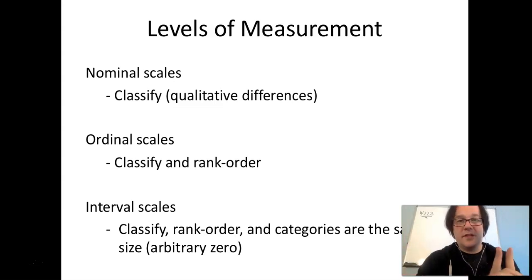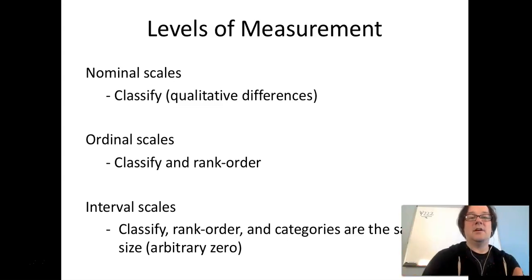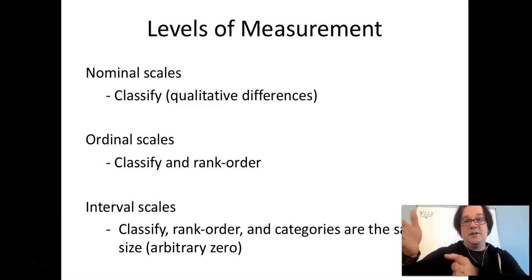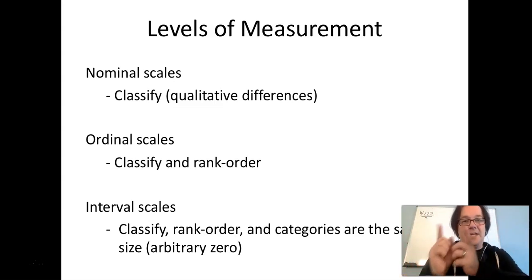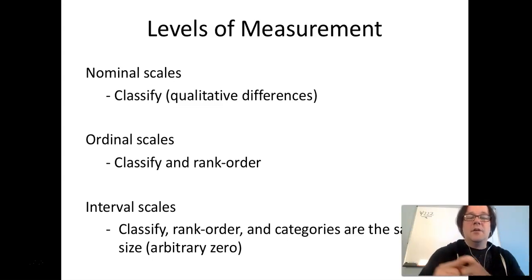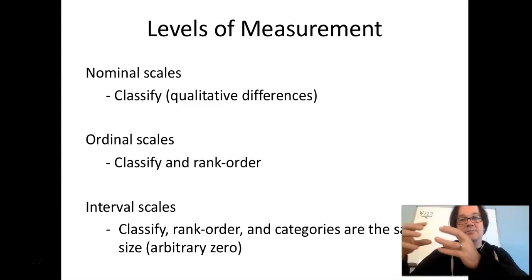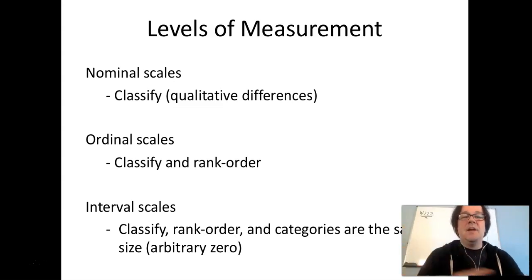But interval scales will essentially take an ordinal scale and make the differences between, say, first and second and third, make them equal intervals in there. So it's an equal amount of space that exists between each of these measurements. So it classifies, it rank orders categories into the same size or into the same intervals, right?